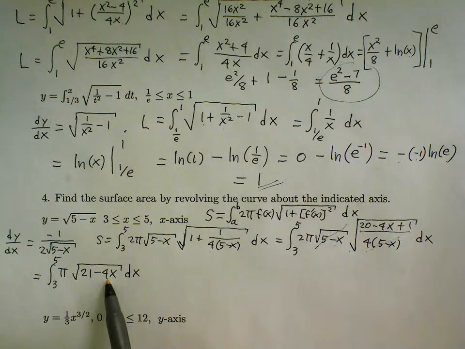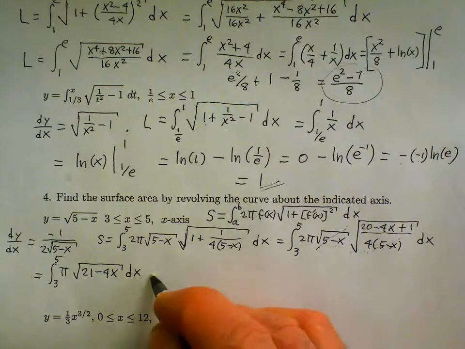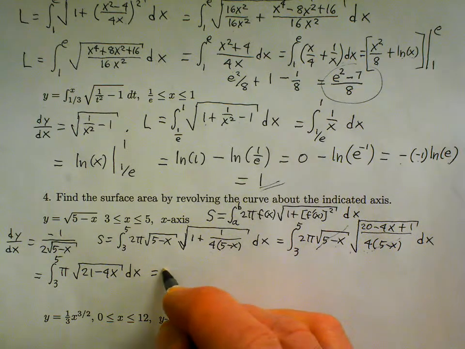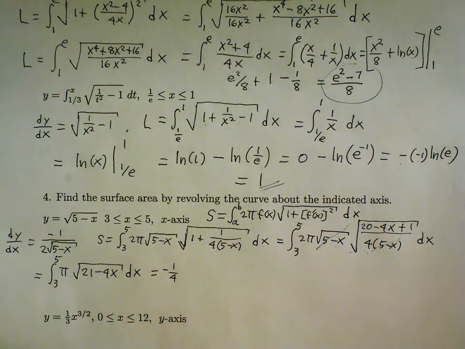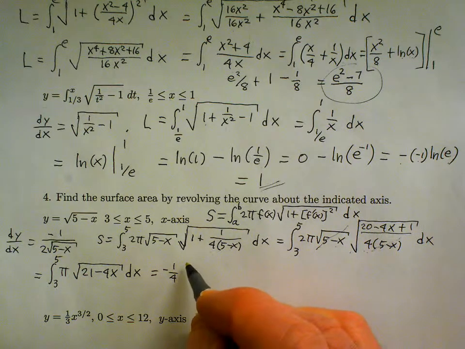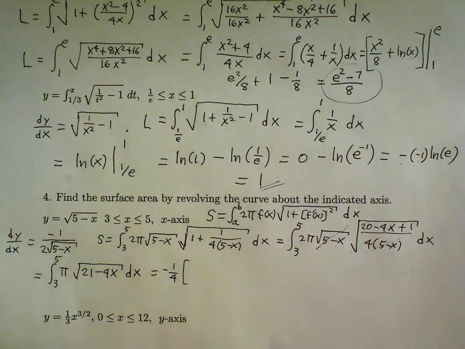To find the integral, think of u substitution: if u is 21 minus 4x, then du is negative 4 dx, so negative 1/4 du is dx. So we need a factor of negative 1/4 out front.